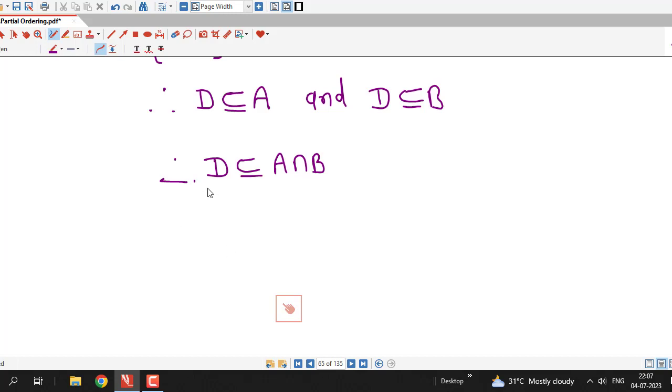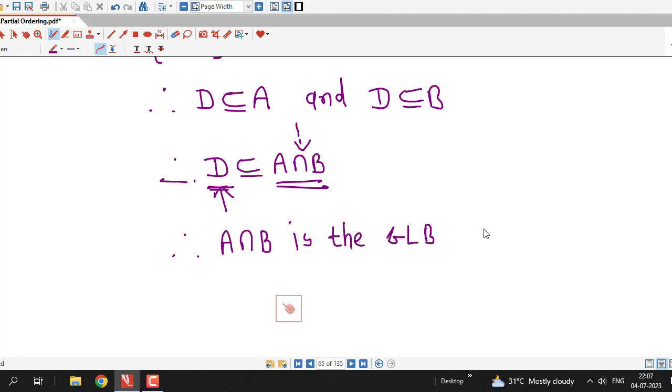So D is any lower bound and A intersection B is also a lower bound, and any lower bound is related to this particular lower bound A intersection B. This means A intersection B is the greatest lower bound for this set having two elements.